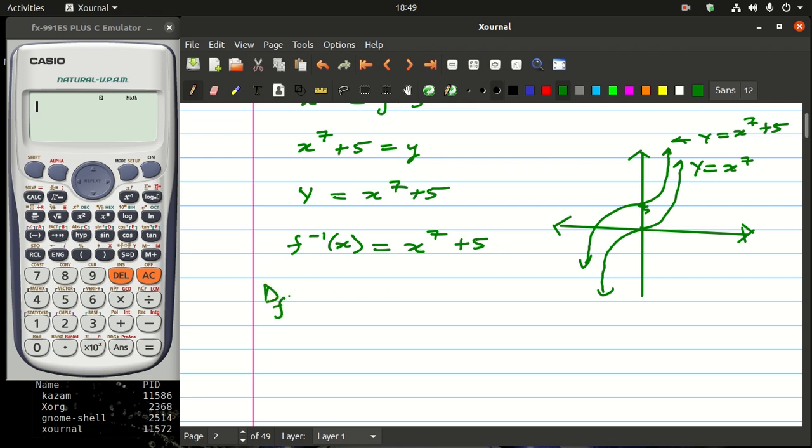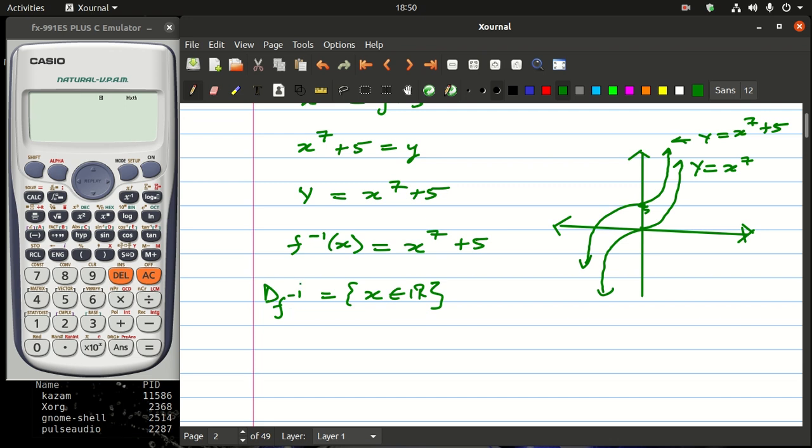So the domain of the inverse is x is an element of real numbers, in other words, all values of x. Because when you are taking the inverse, you are interchanging x and y, you are interchanging the domain and the range. So the domain of the inverse is actually the range of the original function.